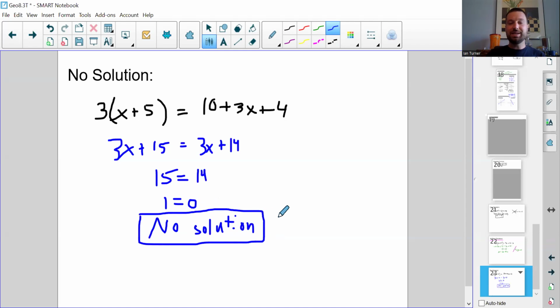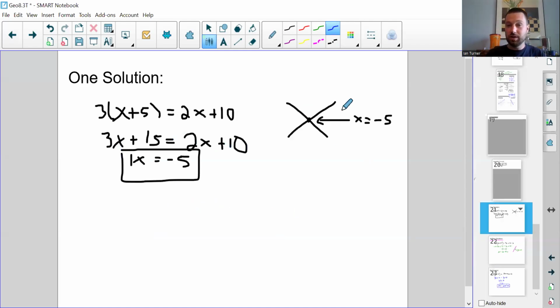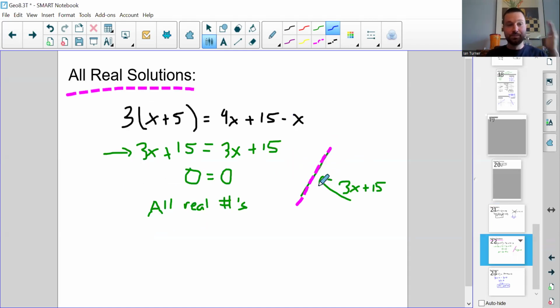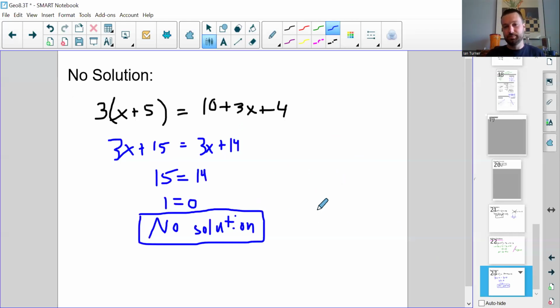So what is happening here graphically? In one solution, the lines intersected. If you have a parabola, you might get two solutions and a line is intercepting the parabola twice. In all real solutions, we had the same line. What is happening with no solution? Again, we have two lines, but they are, someone said it?